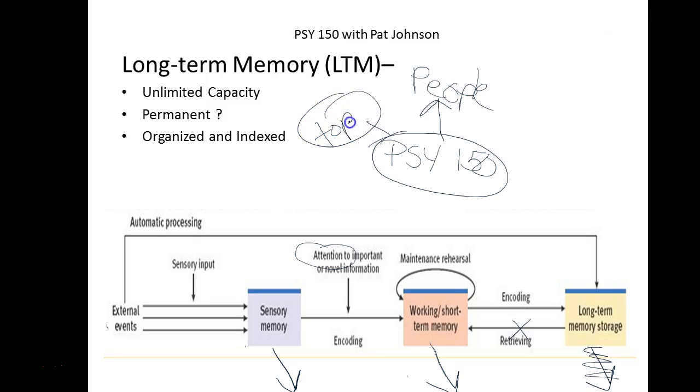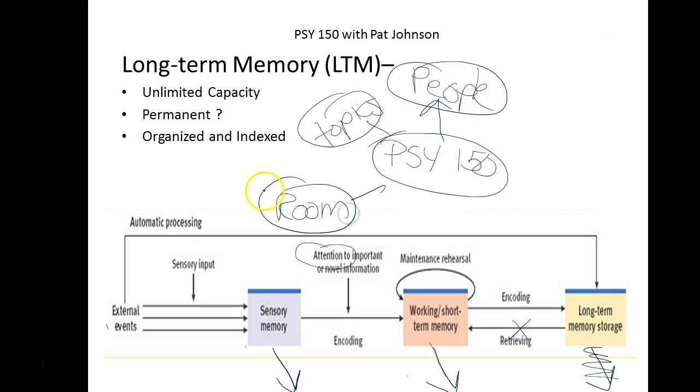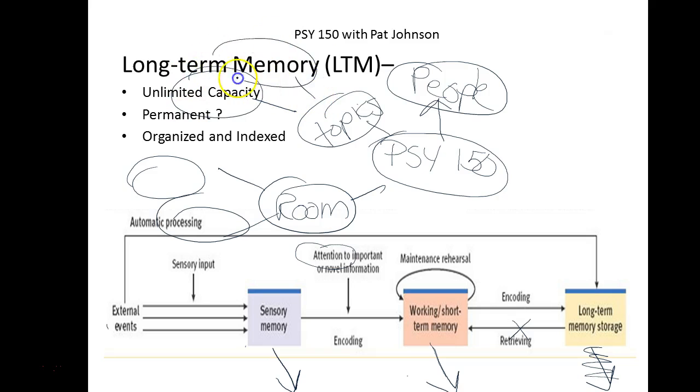You may remember the physical environment, the room. And those memories are linked to other memories, which are linked to other memories, which are linked to other memories. That is the way long-term memory is organized and indexed. So take my advice, and as you study, keep putting information in over and over, and you're going to make a much more durable long-term memory.